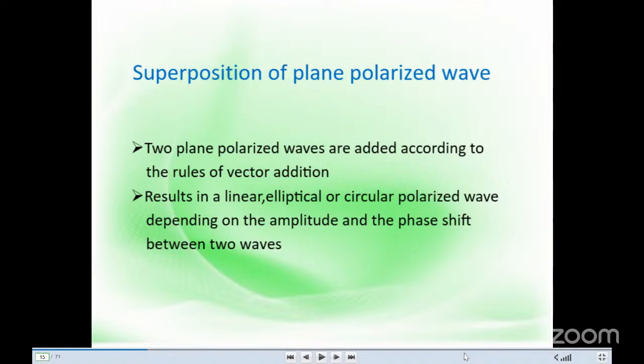So when two plane polarized waves are added according to the rule of vector addition, it can give the result of linear, elliptical, or circular polarized waves, depending on the amplitude and also the phase shift between these two.